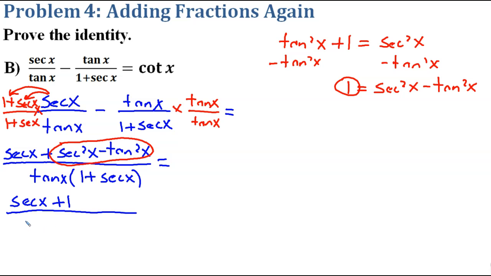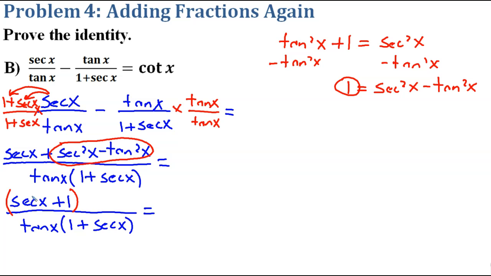So what I'm left with on top is secant x plus 1, divided by tangent x times 1 plus secant x. And then from here I can cancel. We're not in factored form, but basically I can think of this secant x plus 1 as just a factor on its own.